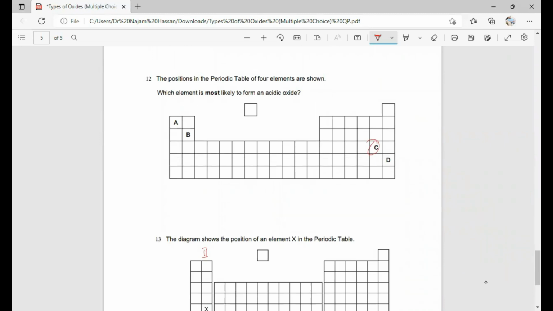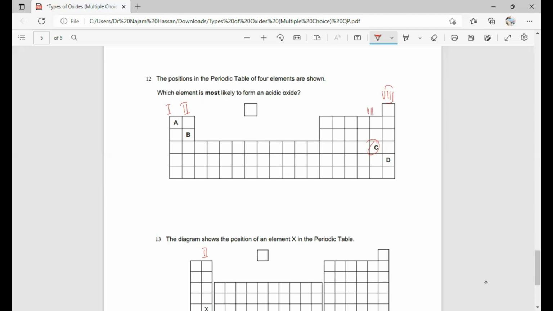The positions in the periodic table of four elements are shown. So which element is likely to form an acidic oxide? Obviously, the rightmost side, because this is group number 1, alkali metals. Group number 2, alkaline earth metals. This is group number 8, noble gases, which cannot react.